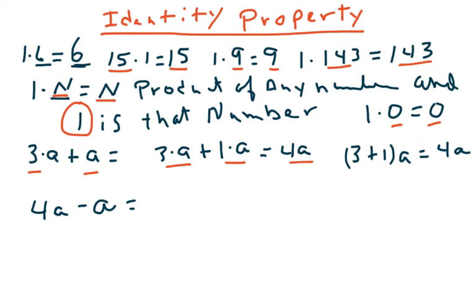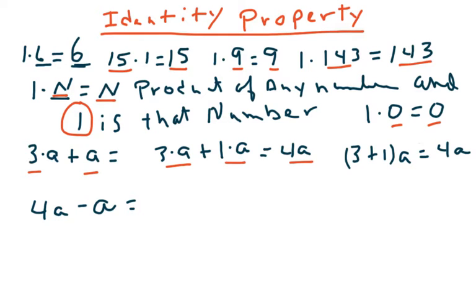So 4 times 2 is 8, minus, if A is 2, we get 6. We don't get 4, we get 6. So you can't take away the A. You've got to leave the A. It's the variable. It stands for something.